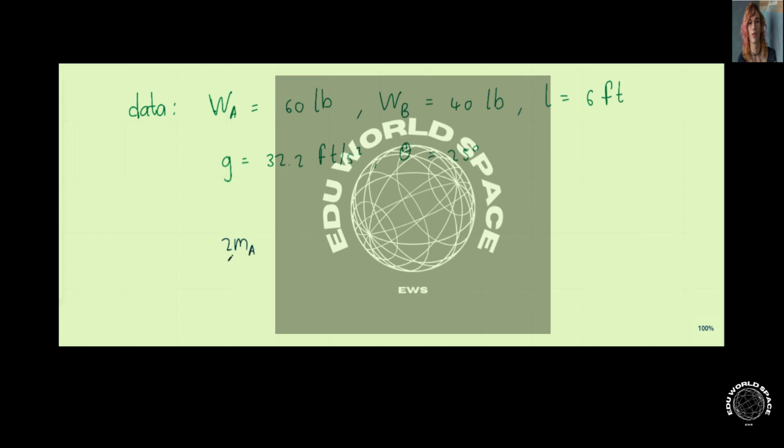So 2 m_A over m_A plus m_B is equal to 2 times the weight of A over the weight of A plus the weight of B. The mass and the weight are related by the common acceleration due to gravity, and so we can write the two expressions as equal. And that's 2 multiplied by 60 over 60 plus 40 pounds, and we get 2 m_A over m_A plus m_B to be 1.2.